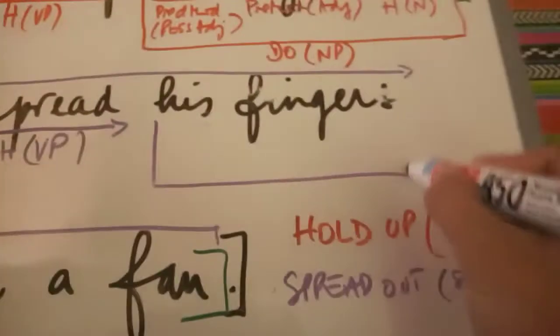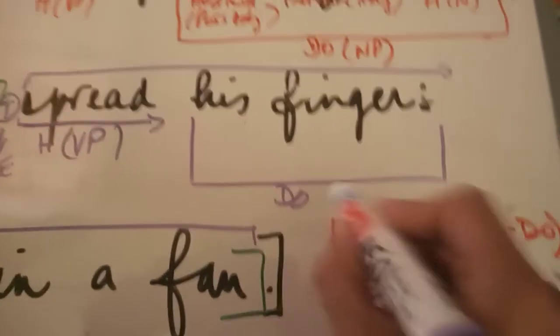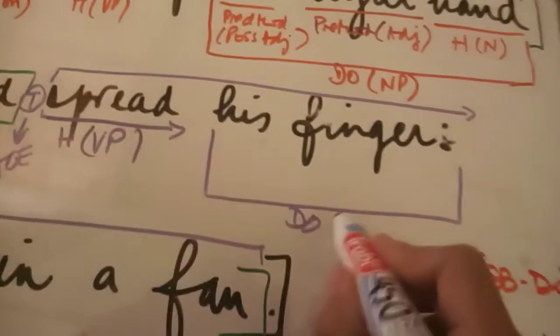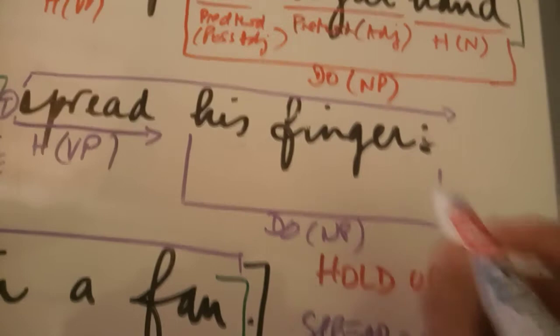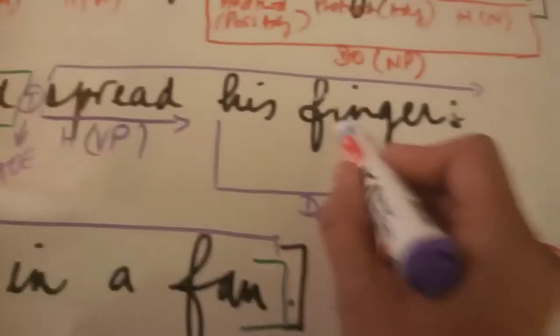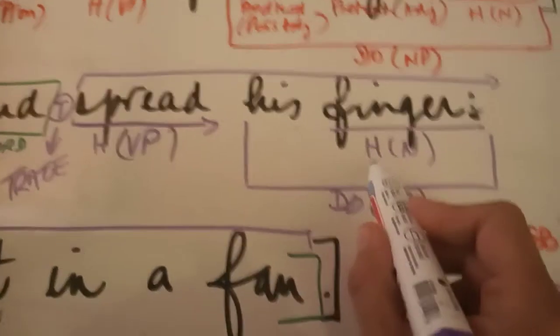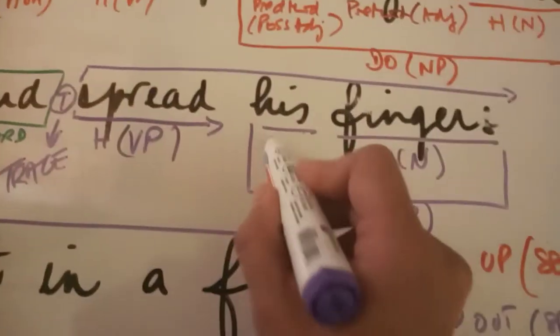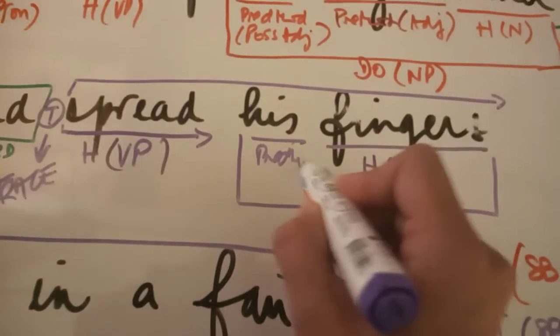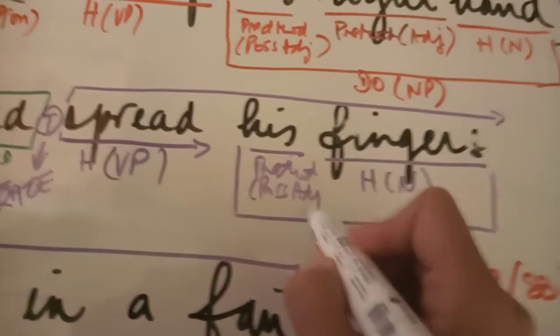So over here we have the direct object required by spread out. It is a noun phrase too. Notice that I changed the color to match the one of the verb, to help me identify the constituents. This is the head, the noun phrase, and again we have here a pre-modifier and a possessive adjective.